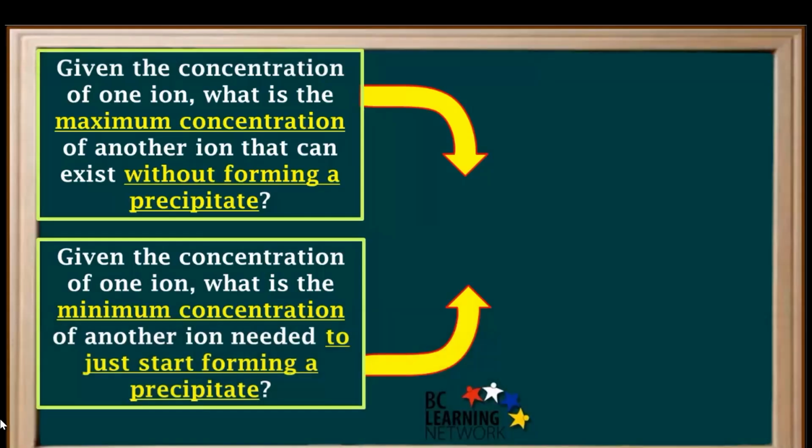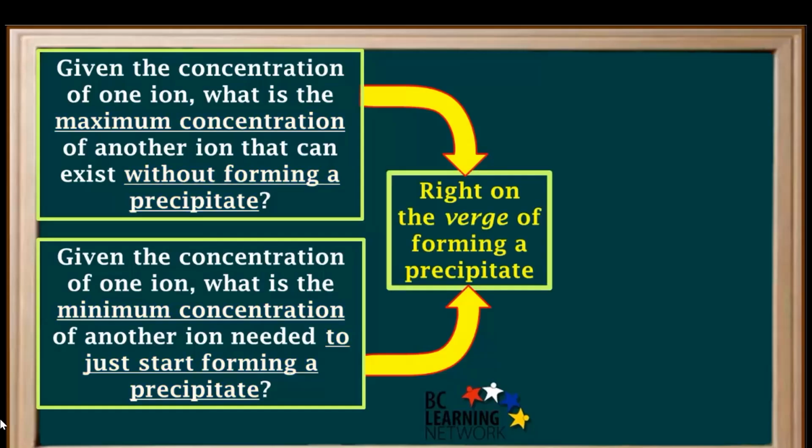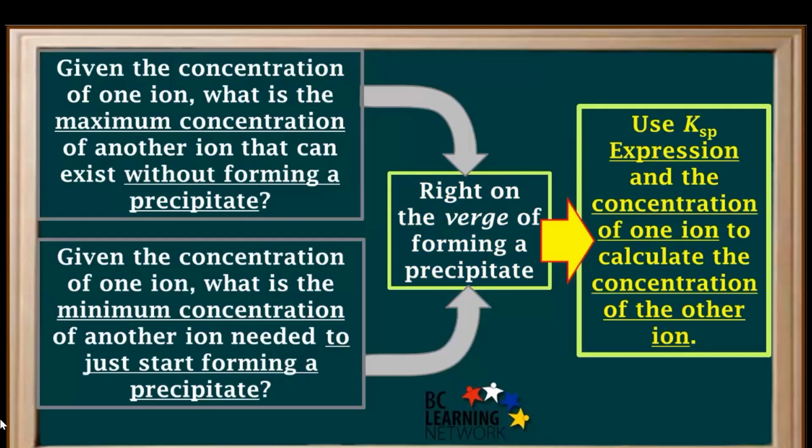Actually, these two problems are really the same. When considering maximum concentration without forming a precipitate and minimum concentration to just start forming a precipitate, we're right on the verge of forming a precipitate with the two ions in question. So we can simply use the KSP expression and the concentration of one ion to find the concentration of the other ion.